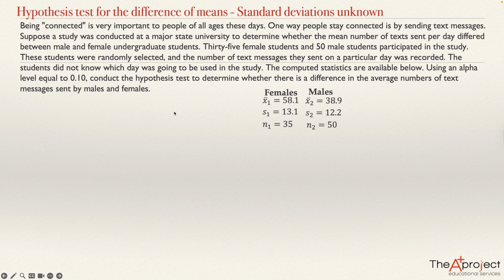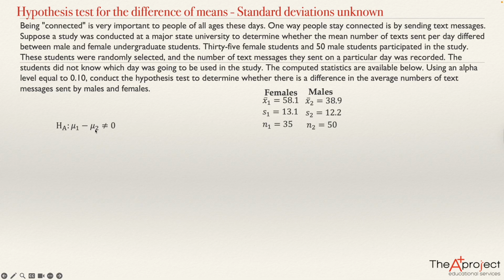But notice that if we're going to check if there is a difference in the average, then what we're going to do is make an alternative hypothesis like this. It will be a two-tailed test because we have a not equal. The average of the first population, all the female students, minus the average of the second population, the difference when you subtract, is different than 0.